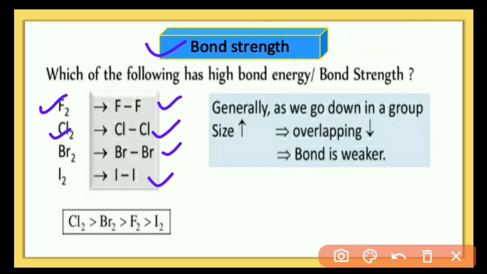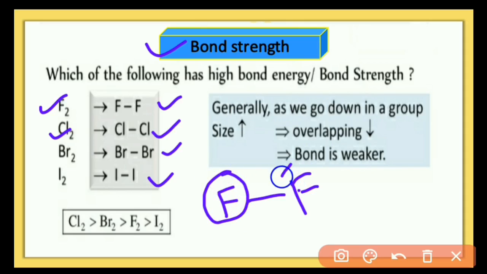Generally when we move down the group, atomic size increases and bond length increases, but here the fluorine bond is weaker as compared to chlorine and bromine, because due to its smaller size the electrons repel each other and the bond length increases.